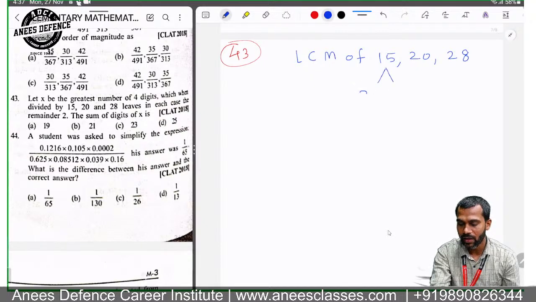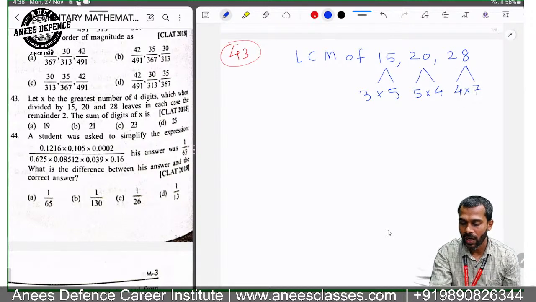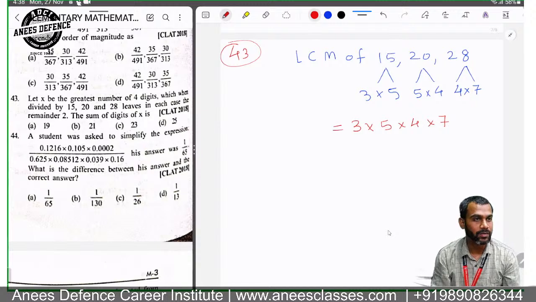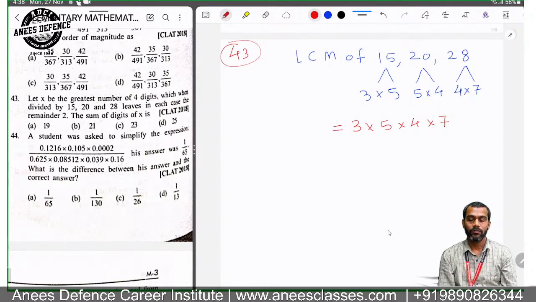This is 3 into 5, this is 5 into 4, and this is 4 into 7. So I need to take one 3, one 5, one 4, and one 7. That is the LCM. So what is the LCM? 420. Very good.